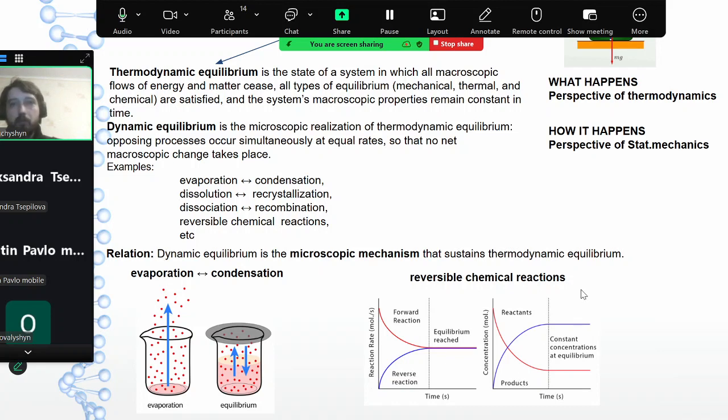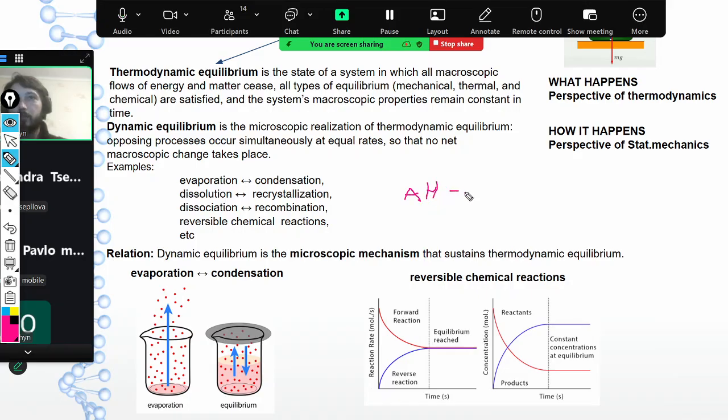If we have chemical reactions where one goes in one direction and the other goes in another direction, we had that when we considered acids and bases. I guess you remember we had acid AH. It could transform into the conjugate base A- and H+.